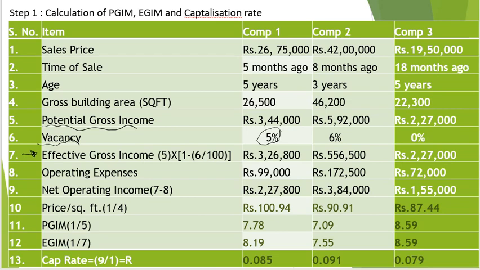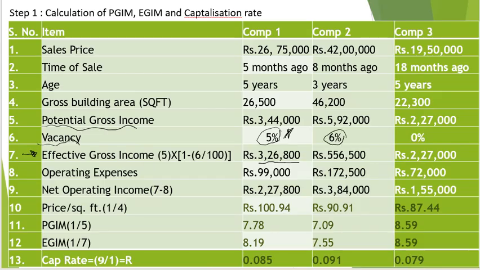So 95% will be the effective gross income. 95% of what? 3,44,000. So that is effective gross income: 95% of 3,44,000, which is 3,26,800.